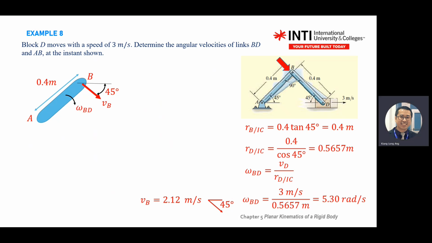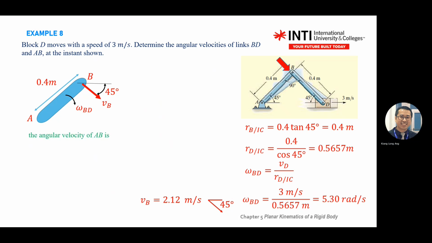Point A has no velocity because it is pinned to a fixed point. So don't go and add velocity. If it's pinned, then no velocity, unless you see there's a roller here. If there's a roller, then there's a velocity.